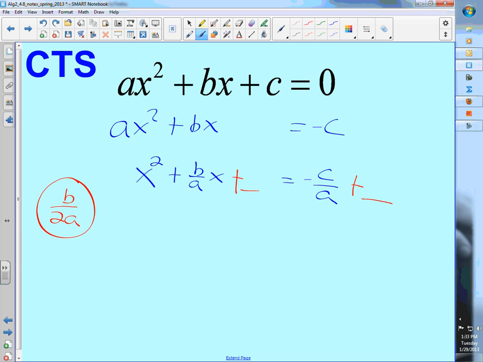Take half of b, and b in this case happens to be b over a, gives you b over 2a. When you square this, on the top you get b squared. On the bottom you get 4a squared. So we have b squared over 4a squared. It goes in the blanks.